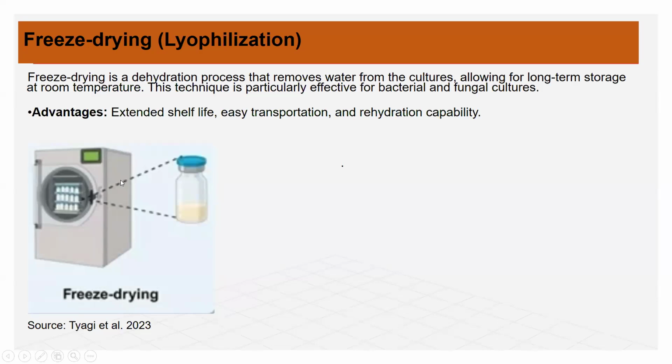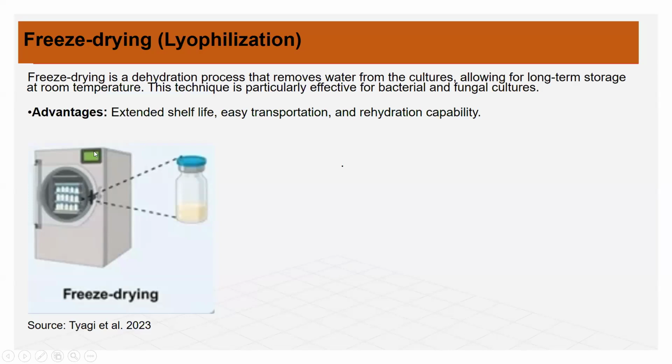I had the advantage of carrying out lyophilization somewhere. So you put your organisms here in their liquid form, and then switch on the lyophilizing machine, and it will keep draining or dehydrating the cultures in your tube until they all become powder.